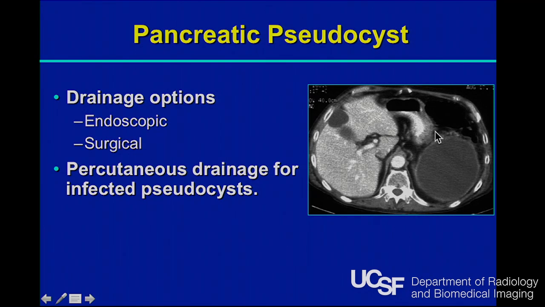So for instance, if you have an endoscopist who has EUS capabilities, they might be able to see the cyst through the wall of the stomach, puncture sharply into the cyst, and then place their double J stents across from the stomach into the cyst and relieve the pressure on the cyst that way. And that really avoids that potential issue of pancreatico-atmospheric fistula.